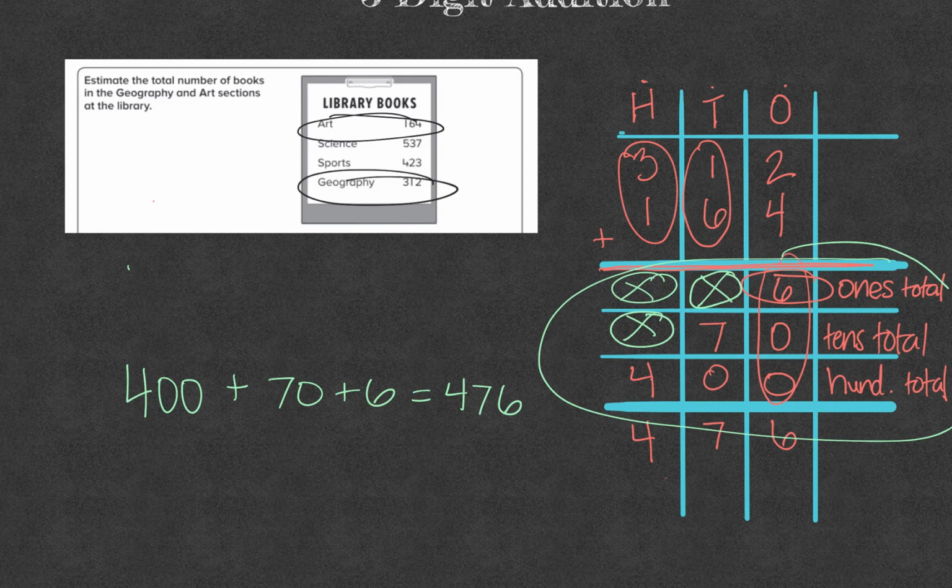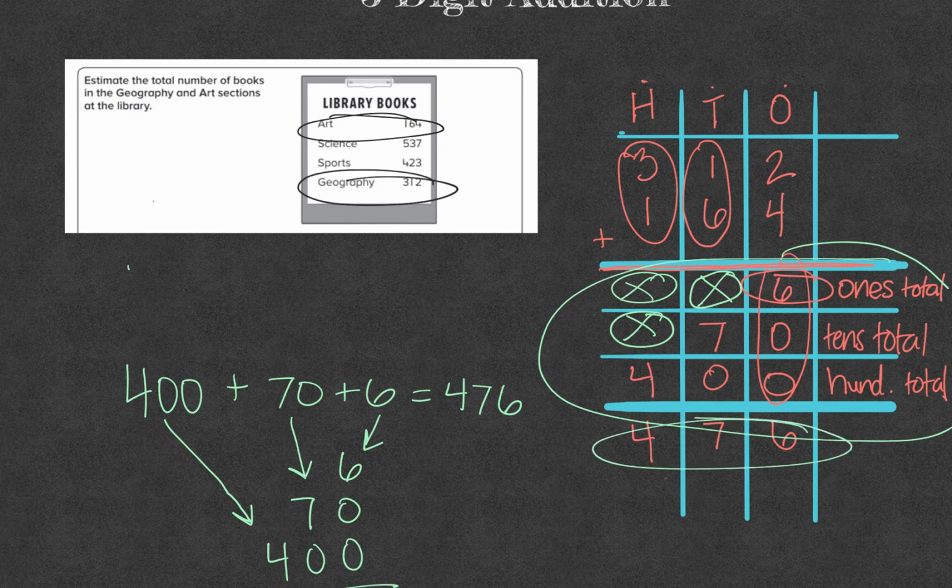But we are just stacking these numbers so that it starts with the ones place first, and then the tens place under that, and then the hundreds place under that before we add them. So it's expanded form, but just in a different orientation. So our answer would be that 476.